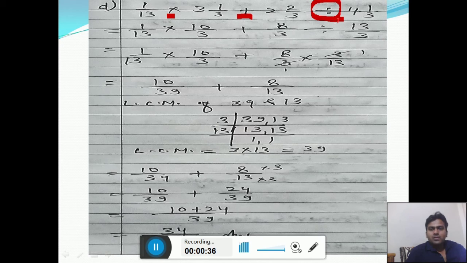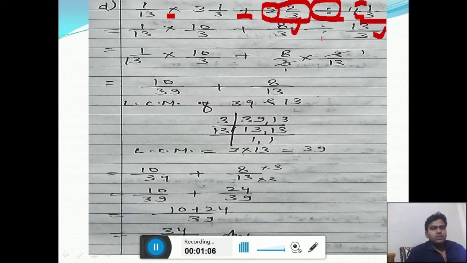Before changing this sign divide into multiply, you have to change this mixed fraction into an improper fraction. So 2 into 3 is 6, 6 plus 2 is 8. So this whole fraction, 2 complete 2 upon 3, becomes 8 upon 3. And like this, 4 complete 1 upon 3 becomes: 3 4s are 12, 12 plus 1 is 13, so 13 upon 3.